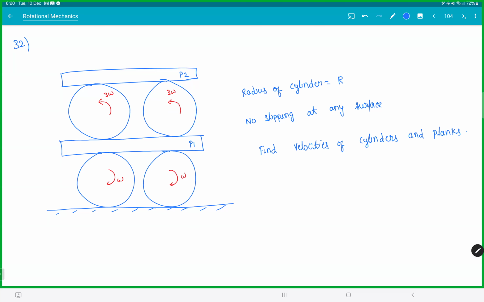Upper cylinders is 3R omega. Okay, that may be.